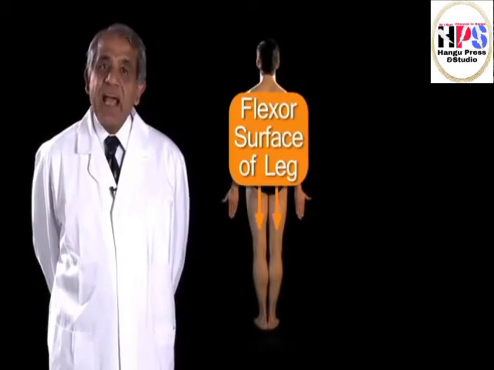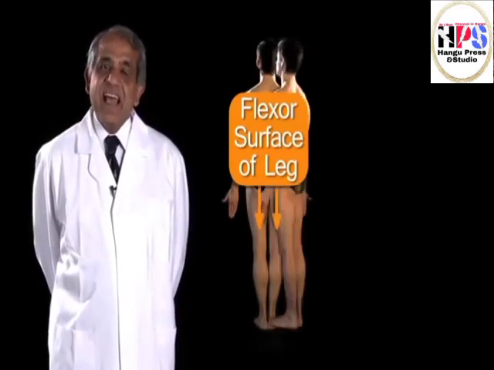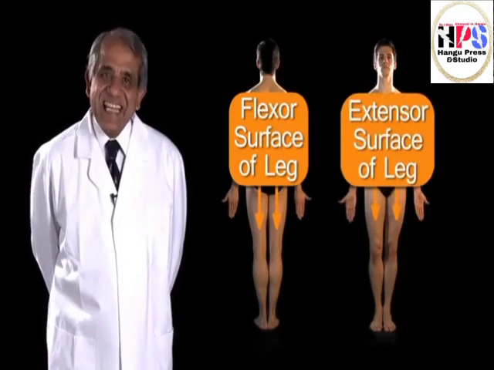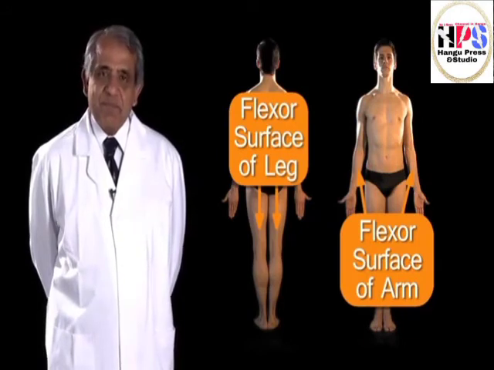And this apparent contradiction is explained by the rotation of the lower limb that happens during embryological development, so that the back of the leg is in fact the flexor surface of the leg, and the front of the leg the extensor surface of the leg. Contrast this with the upper limb.